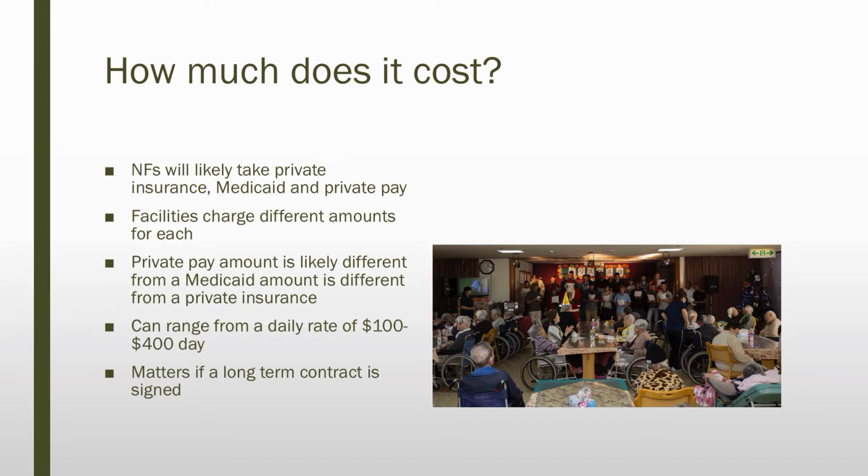The daily rates of a NIF bed can range anywhere from $100 to $400 to more. A lot of factors can play into how much the bed costs because if it's private pay, there might be a discount if a longer term contract is signed. So it's hard to really give an accurate picture of how much a NIF costs.